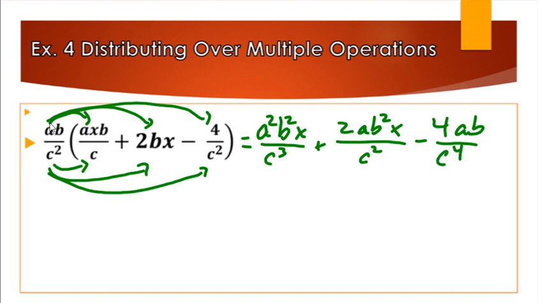And I check to see if there's anything in common with the numerator and denominator. There is not. So that part is our answer. And c is the only variable in the denominator. C cannot equal 0.